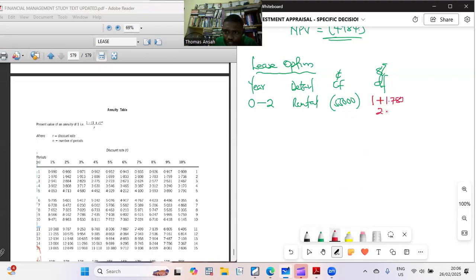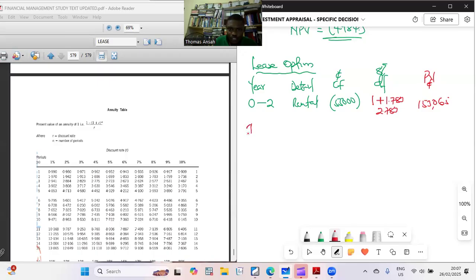That makes it 2.783. So let's do the multiplication: 2.783 multiplied by 55,000. I'm getting the PV here to be 153,065. Then tax is paid in arrears unless otherwise told.